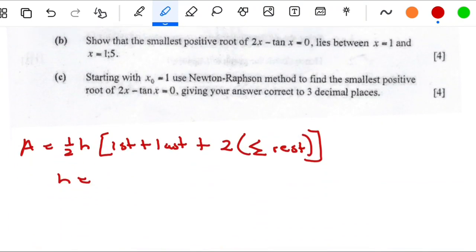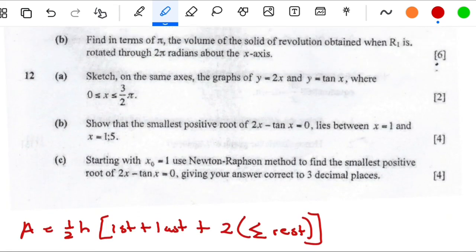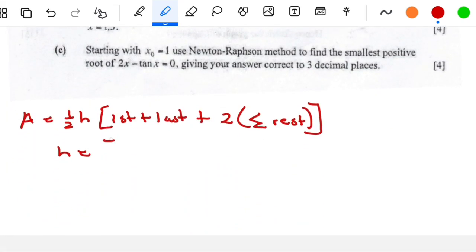They said 4 equal intervals there. So if you say pi over 4 divided by 4, it's going to give us pi over 16 as our h.